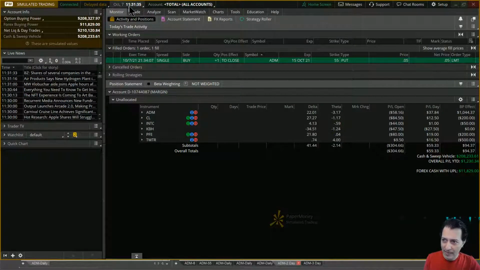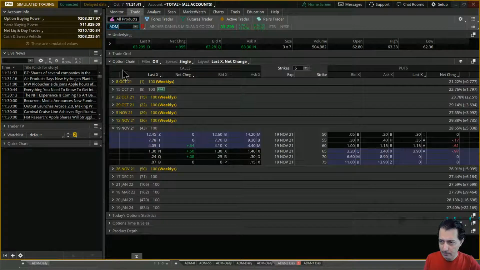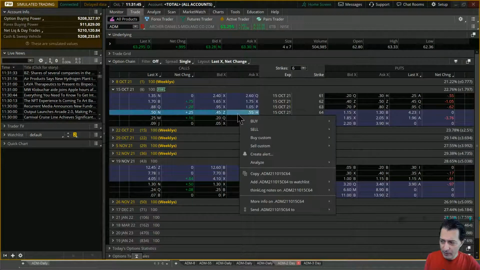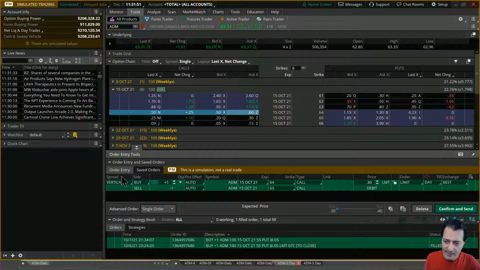So going back to TOS, we're going to look at ADM. We are looking at October 15. I'm going to use a vertical. It doesn't matter what. I just need 2 rows, so I can make it a custom, and now I can work on this. Okay. So first of all, I need puts.